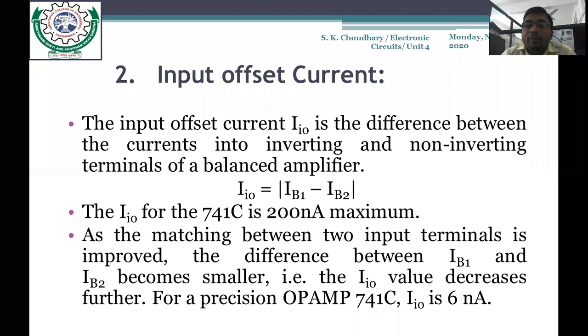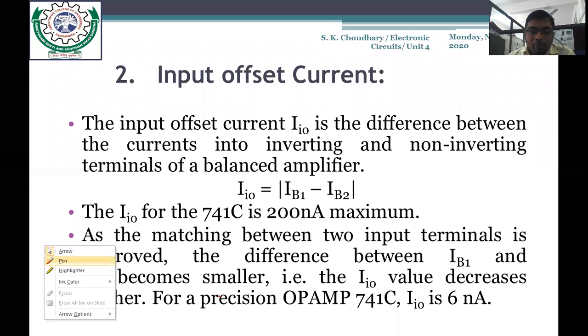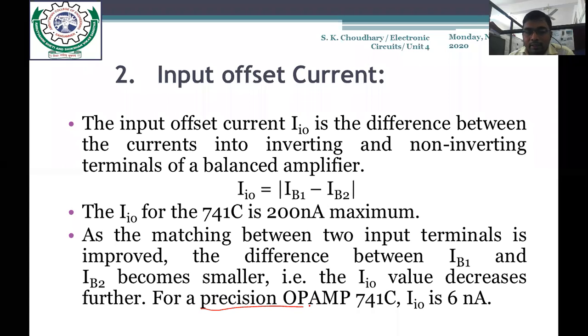For example, if you are talking about the precision op-amp 741C, your input offset current is 6 nanoampere only. What the precision op-amp is, we will see later on in the further discussion. All types of op-amp or configurations we will learn in unit number 5.